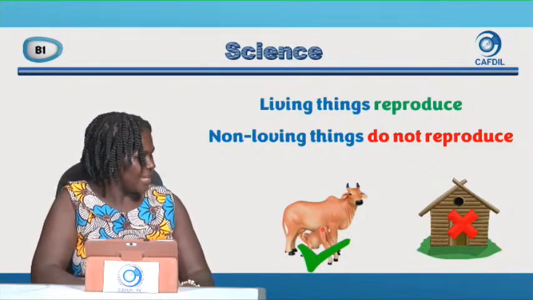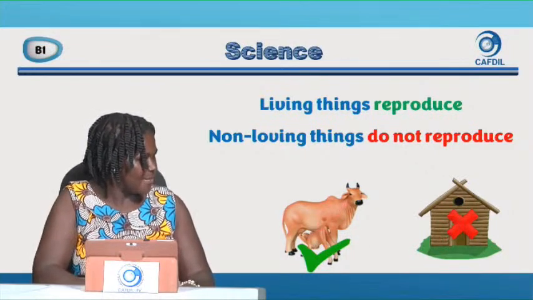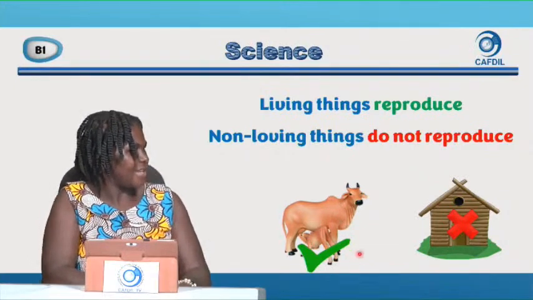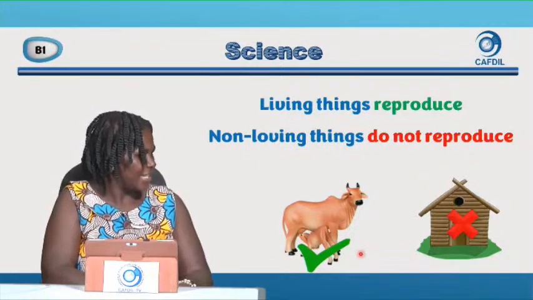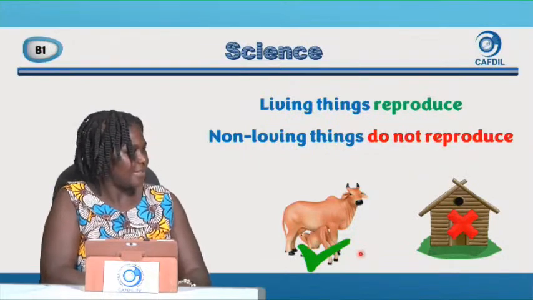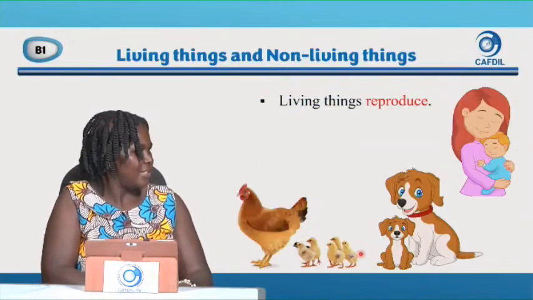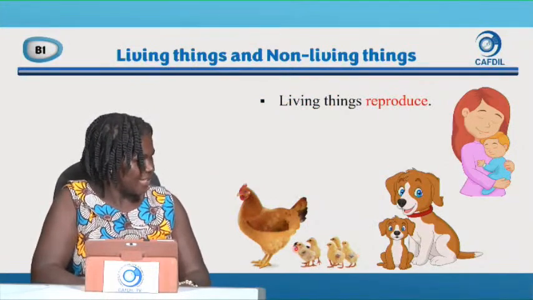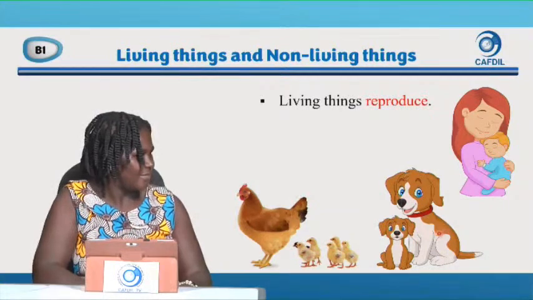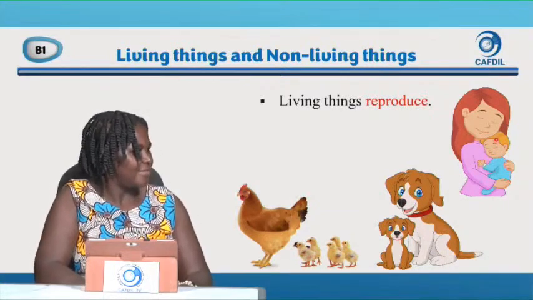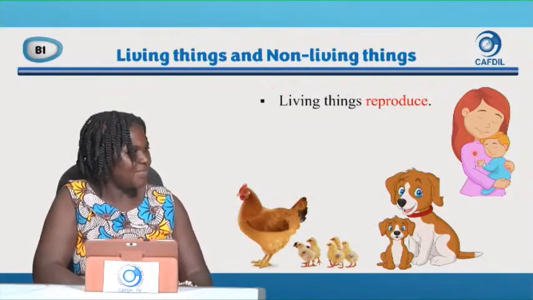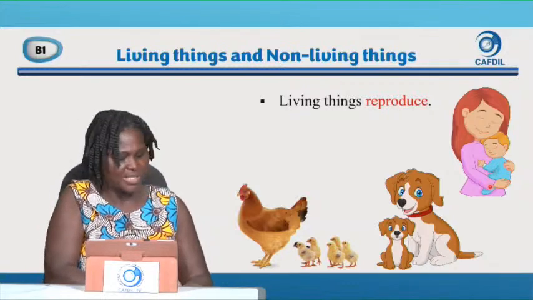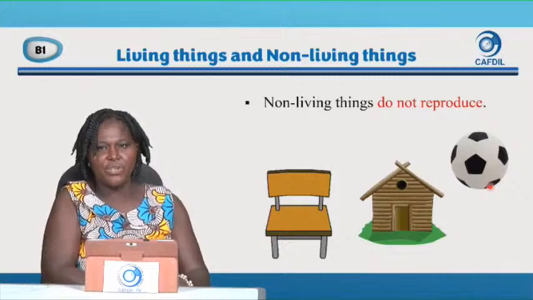So we see the cow standing there with the baby. The cow is a living thing and it has its baby. Good. Let's look at the hen and chicks. Let's look at it. And the dog and the baby, and the woman and her baby. So living things reproduce.